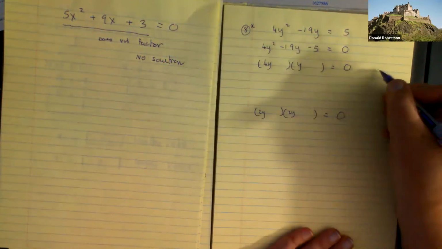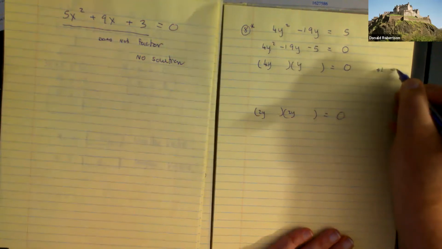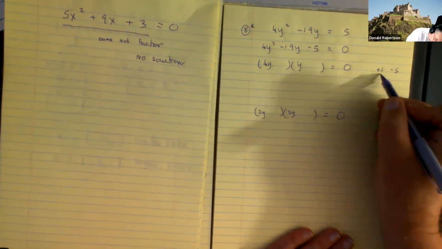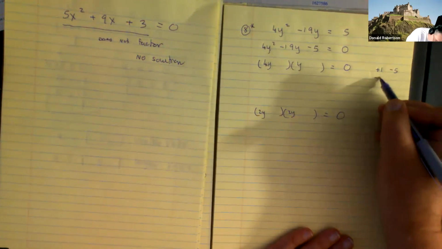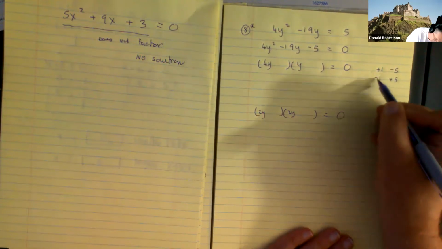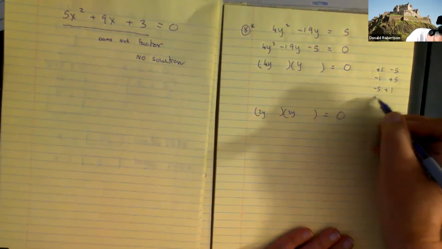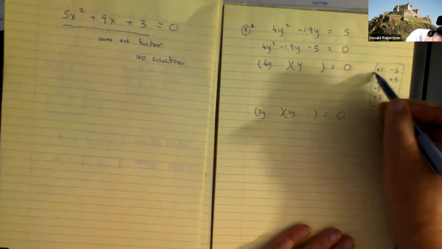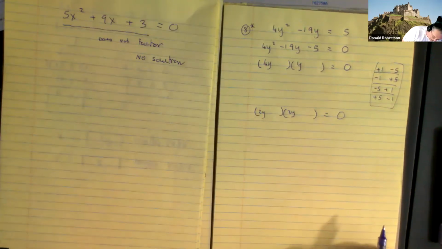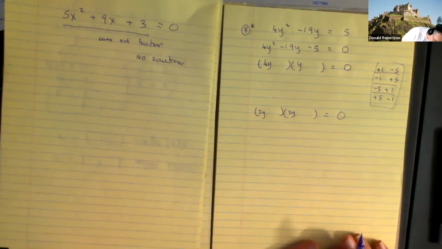You can only get +1 and -5, right? One has to be positive, the other has to be negative. And you can switch signs, and then you can switch places. So there are only 4 combinations to choose from. It has to be one of them if it's going to work.